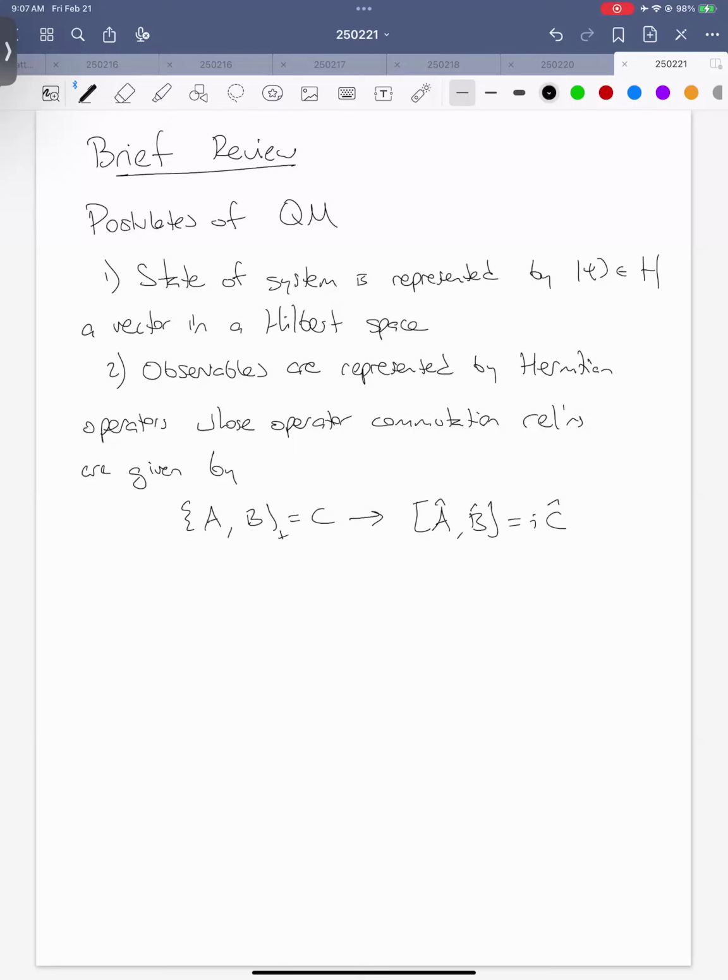So this is a Poisson bracket, and this is a commutator. And we talked about why we want Hermitian operators, and that's because, as mentioned before, everything that we measure in the real world, we measure real numbers. So we'd like to ensure that the quantities that we measure are not complex.